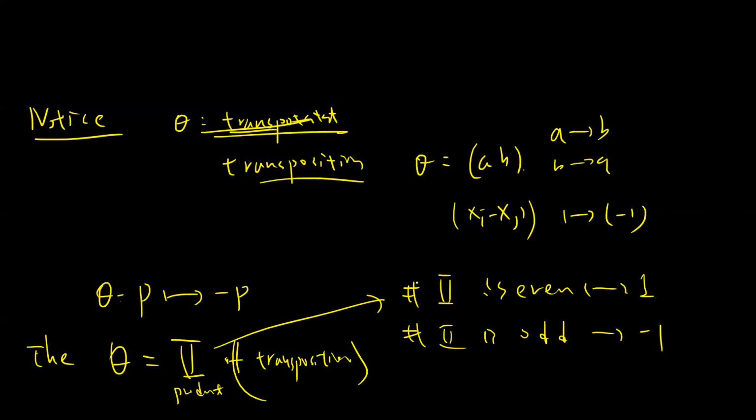And obviously if you have two even permutations, their product will be even, because the number of transpositions just adds. And if you get two odds, it becomes even. And odd and even become odd.